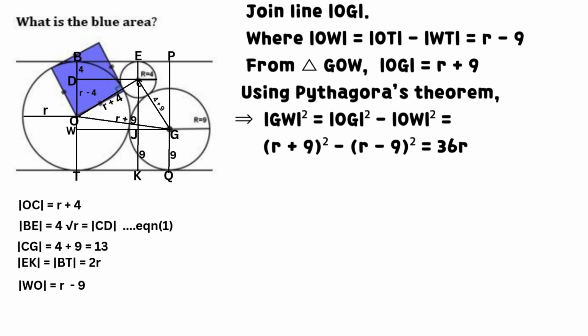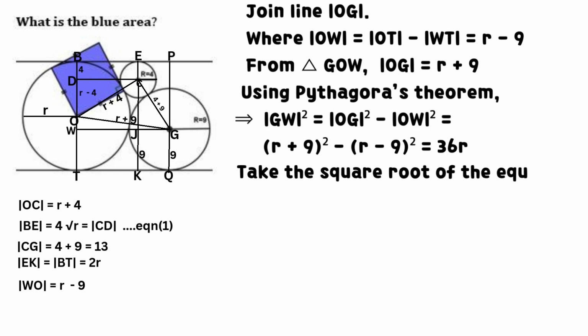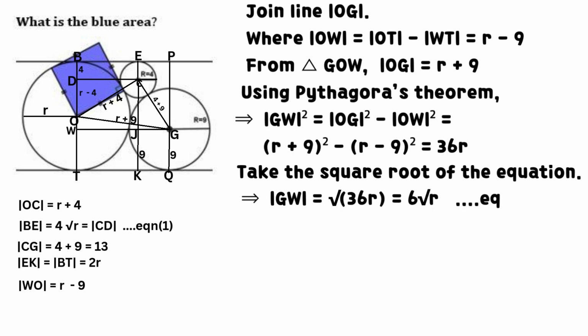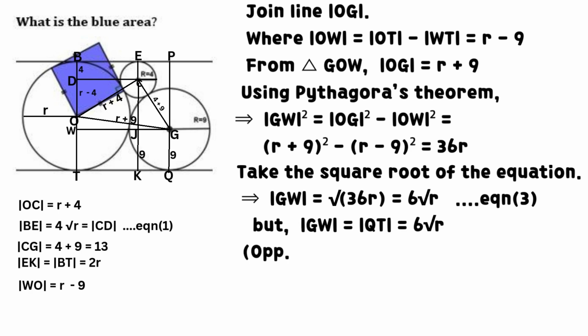Using Pythagoras' theorem, the square of line GW equals the square of line OG minus the square of line OW, which equals 36 times R. Take the square root of the equation. Line GW equals the square root of 36 times R, which equals 6 times the square root of R. We call it equation 3.